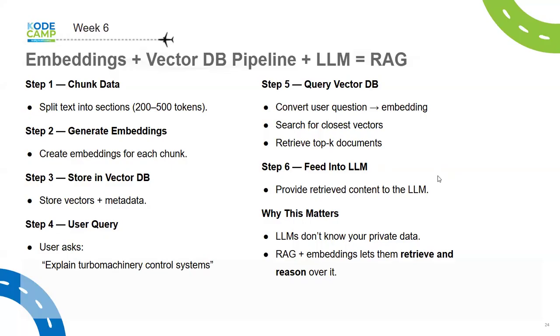So the language model will now be able to answer and give you good answers because you've given additional information that wasn't in its training data set, right? It doesn't know about it, but it needs to know so as to answer the question. So that's the beauty and power of RAG, right? It solves the problem of LLMs not knowing the private data.